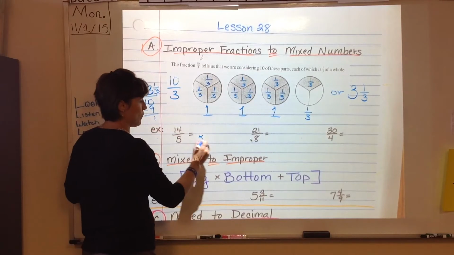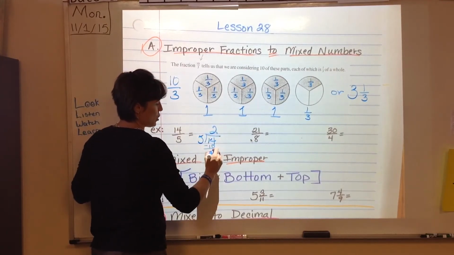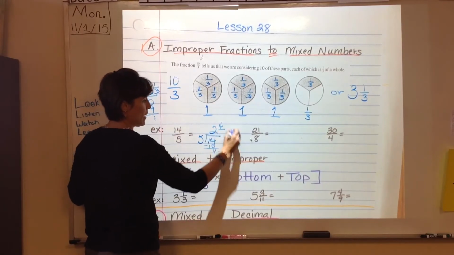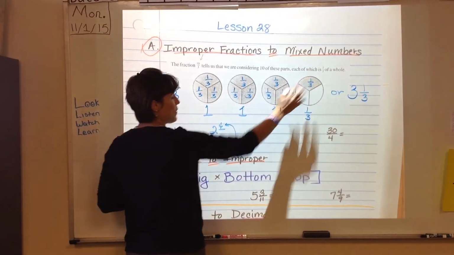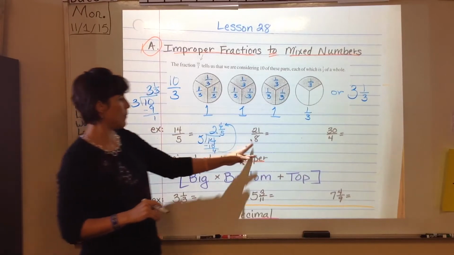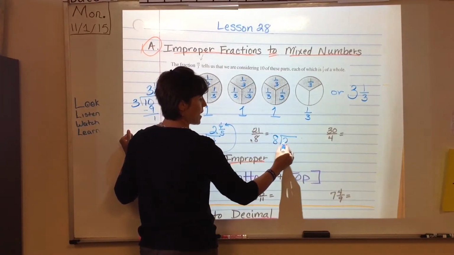All right, so 5 into 14 goes 2 for 10. Then you subtract, and your 4 is your numerator. Your leftovers, your remainder, is on top. Your numerator: how many pieces are left out of fifths? 4 fifths. 8 into 21, bottom into the top, that's another way to say it.